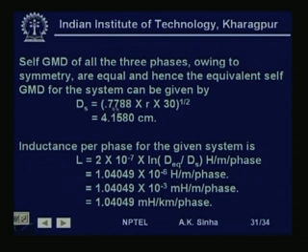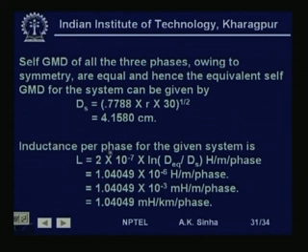The square root of this comes out to be 4.1580 centimeter. In fact, we could have taken all the 4 distances, as we have seen earlier, Ds is r dash into d, square root of that. So, this is equal to 4.1580 centimeter. Now, you see this is much larger than 0.7788 into r, which is 0.74 centimeter. Therefore, bundling has increased the effective radius considerably.